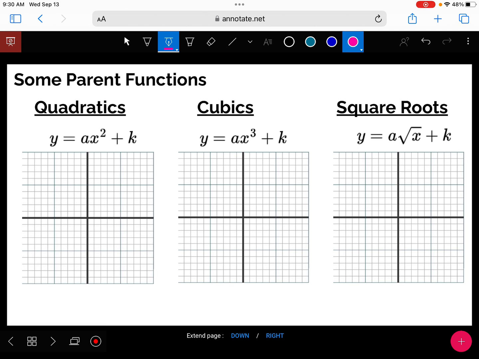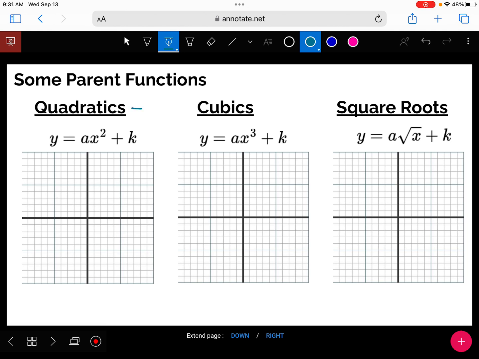But right now, we're just going to graph the parent function of quadratics, the parent function of cubics, the parent function of square roots. Parent function just means it's going to be the basicest of basics. No transformations on it. We're just going to do x squared for our quadratics.